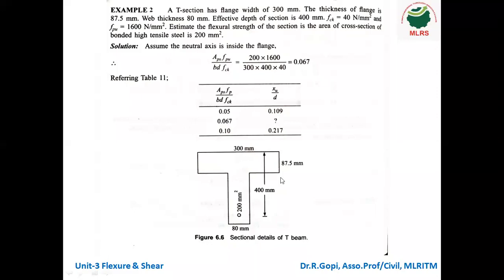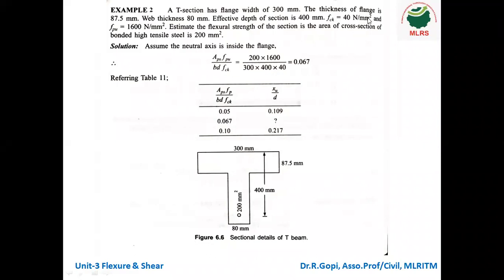Here you can make one confusion: how to calculate the effective depth? The effective depth is given. Initially we have to consider it as a rectangular section. So 300 mm, and d is 400 mm because the prestressing steel is located in the web. So 300 into 400 and fck is 40. The ratio we got is 0.067.